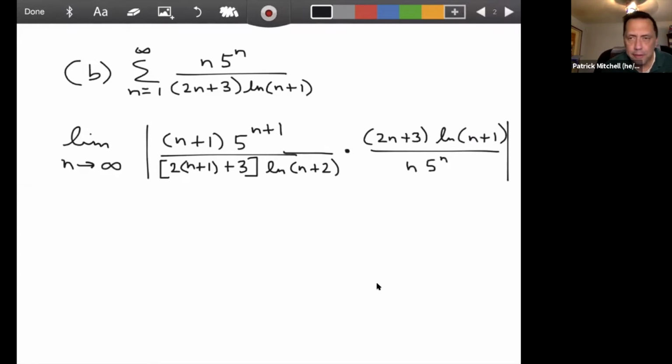All right, so far so good. Unfortunately, there's not a whole lot here we can cancel. We can cancel 5 to the n into 5 to the n plus 1, which is going to leave a 5. Other than that, we are pretty much stuck with everything else.